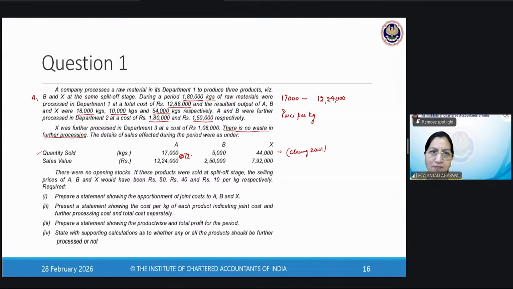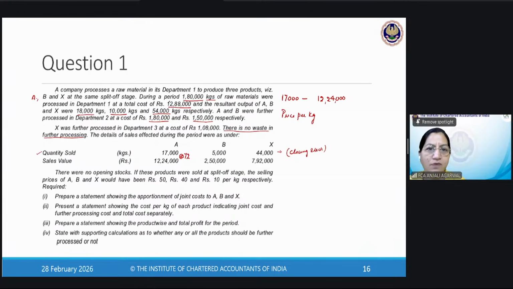Yes, this is an assumption that we are assuming that the remaining closing stock will also be sold at the same rate. Assuming whatever is not sold, if it had been sold, it would have also been sold at the rate of 72 rupees per kg only. Per kg or per unit, because here the quantity output is in kgs, we will call it kgs.